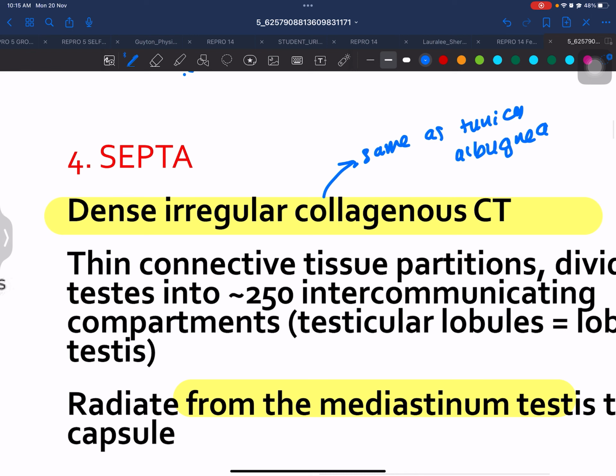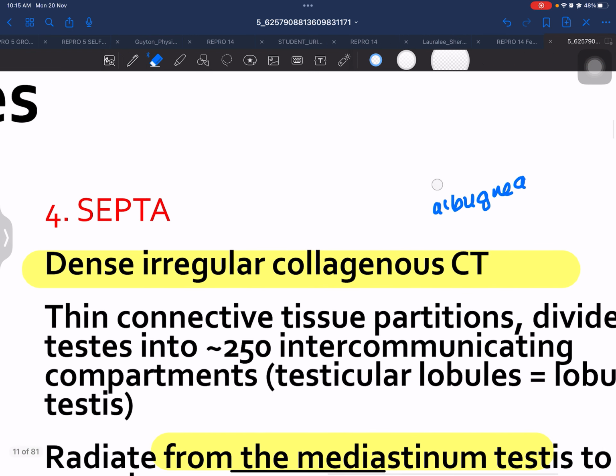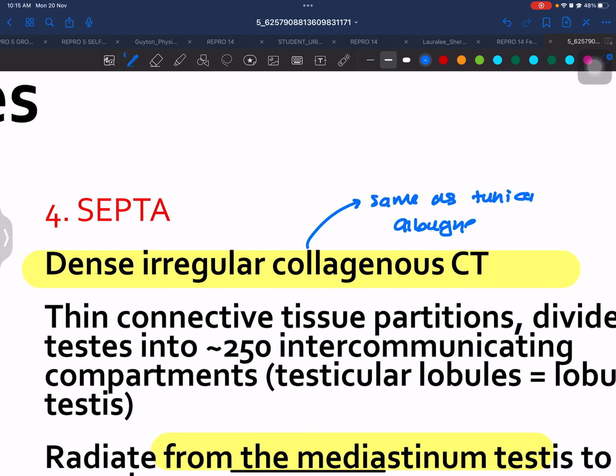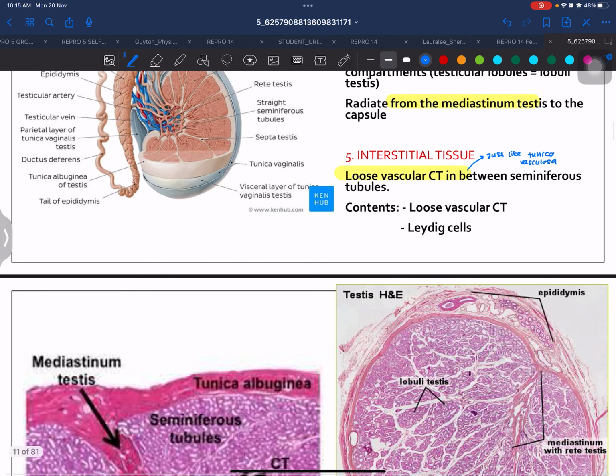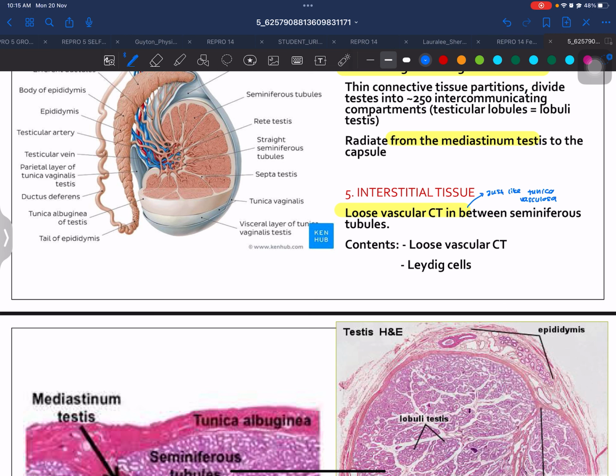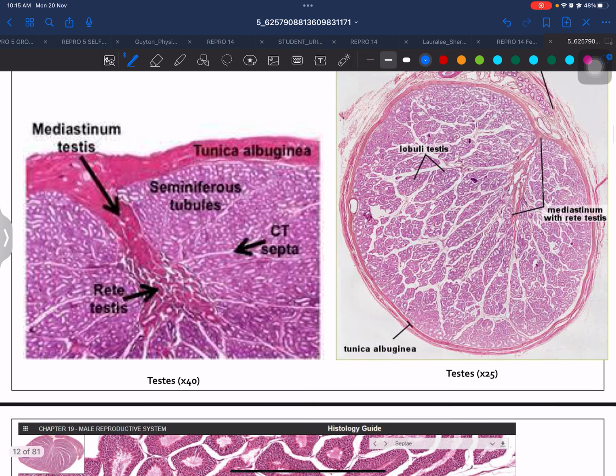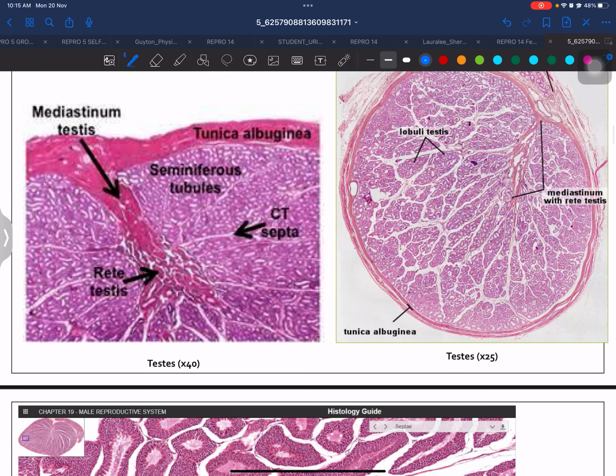The interstitial tissue is the loose vascular connective tissue between the seminiferous tubules, and also Leydig cells. So these are the mediastinum testis, these are the rete testis, and these are all the septa, which divide the testes into compartments.